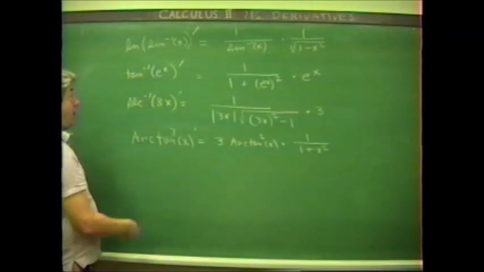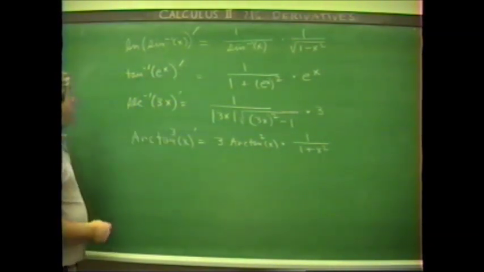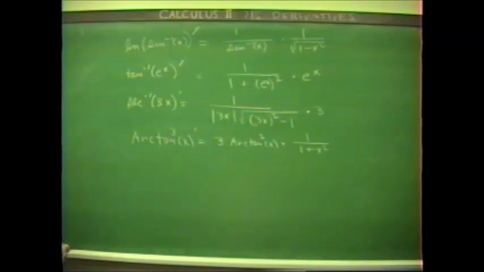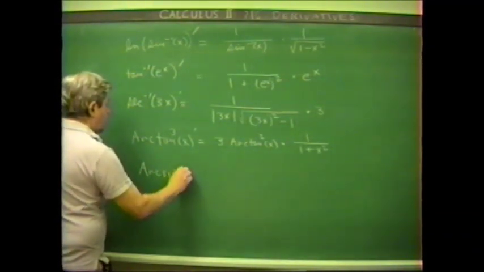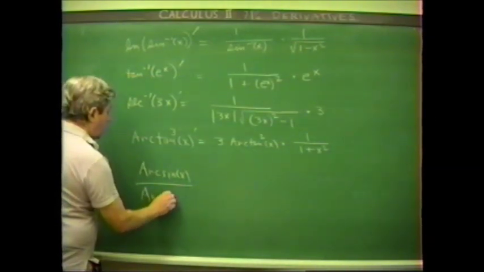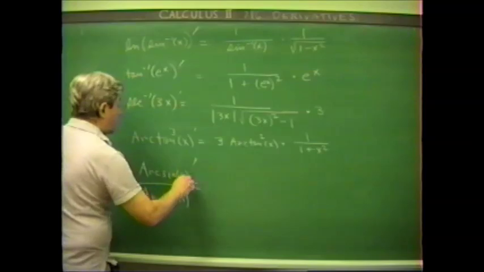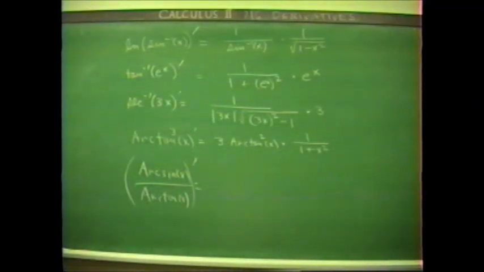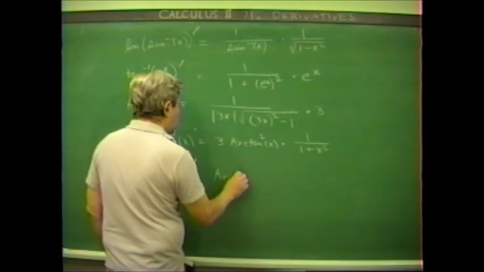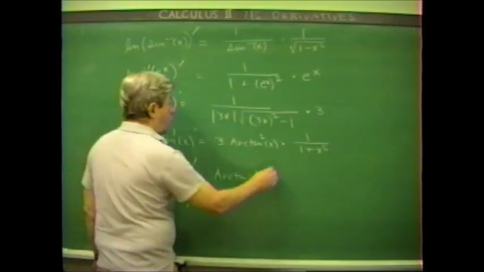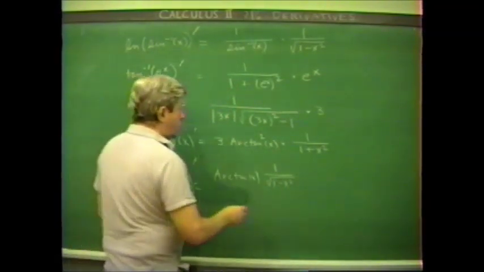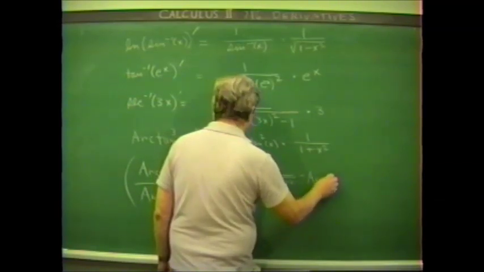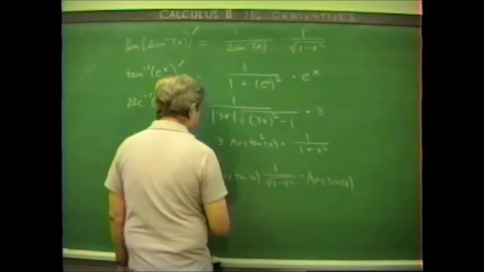And any combination that you make up here, involving the inverse sine, inverse secant, inverse tangent, you ought to be able to differentiate. Try one more here. Arcsine of x divided by arctangent of x. If you want the derivative of this, what's the quotient? The derivative is the denominator times the derivative of the numerator, 1 over square root of 1 minus x squared, minus the numerator, arcsine of x, times the derivative of the denominator.